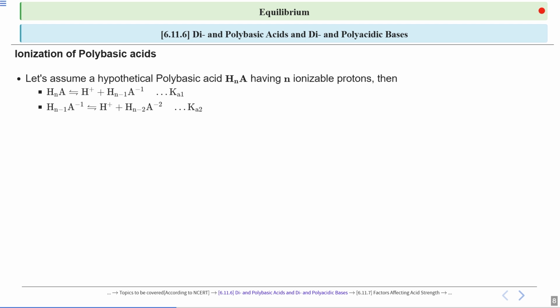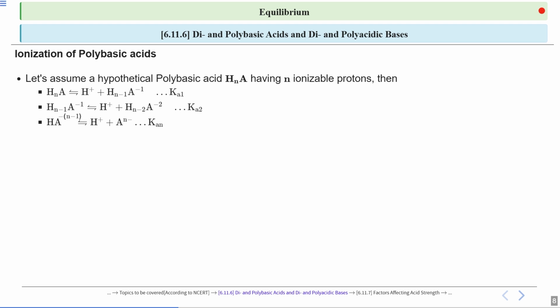Similarly, if I write it for the second proton removal, we can write it as Hn-1A with a negative charge releasing one proton to give Hn-2A, meaning here 2 protons are removed, whereas the charge accumulated on the given species will be minus 2 due to the removal of 2 protons. Let us suppose that the ionization constant is Ka2.